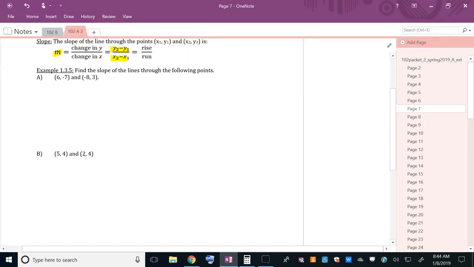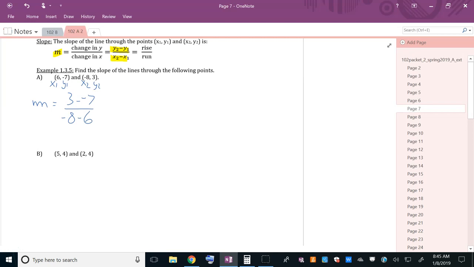So, for part A of our example, I've got (6, -7) and (-8, 3). Now I'm going to label those as x1, y1 and x2, y2 just to help me keep track. So my slope m is y2 minus y1 over x2 minus x1.